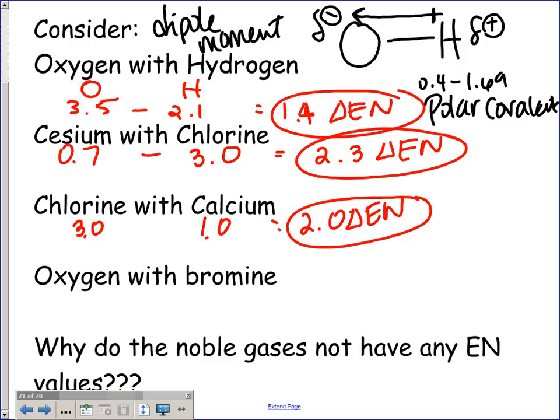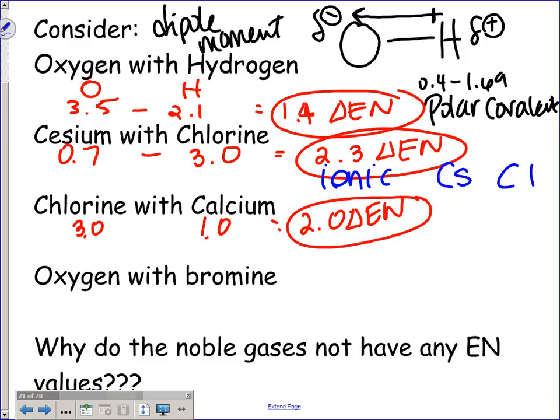What do you guys say? Classify it. Ionic, right? Because it's a very large difference. 2.3? Heck yeah, so that's ionic for sure. What's true about an ionic situation? Do we have partial negatives and partial positives? No, we have just full charges. So cesium versus chlorine.